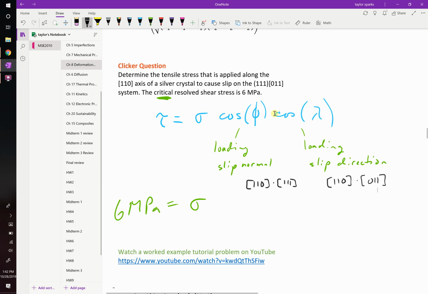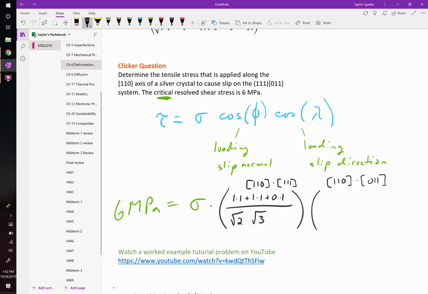Let's take the dot product of the first one: 1 times 1 plus 1 times 1 plus 0 times 1. We're going to divide that by the length of those vectors, which is the square root of 2 times the square root of 3.